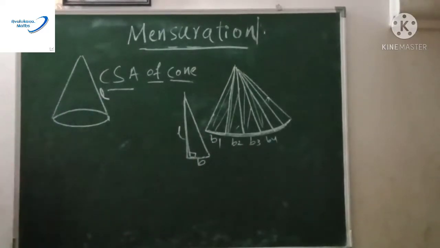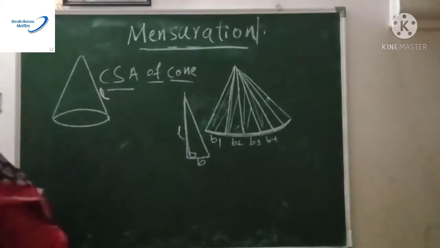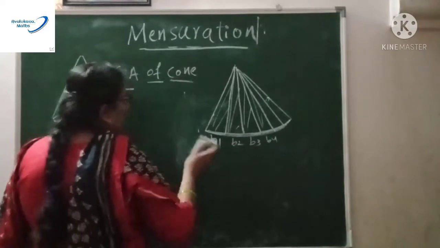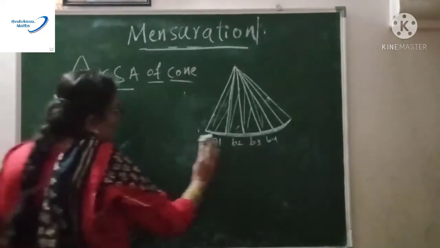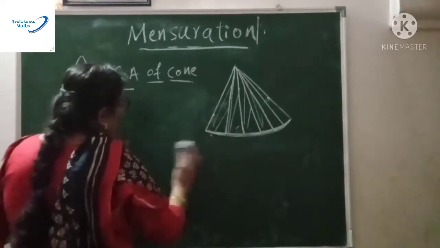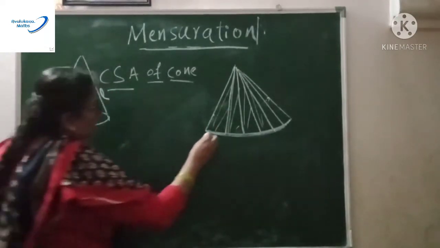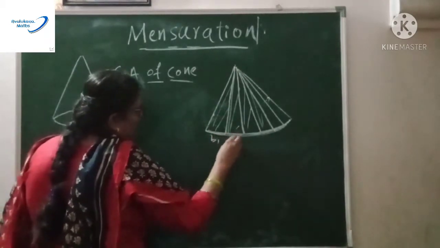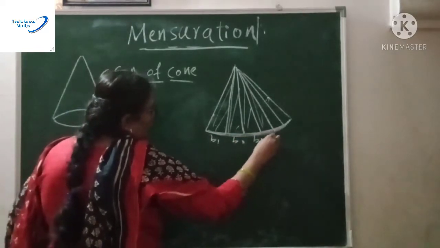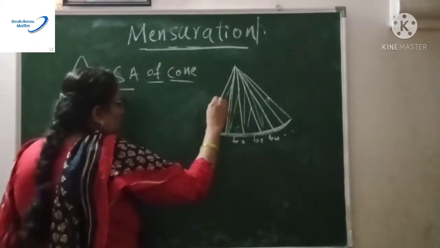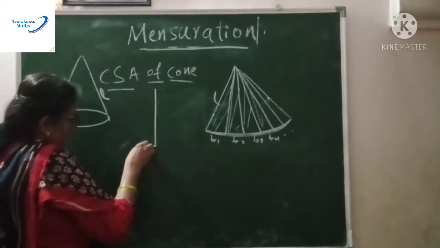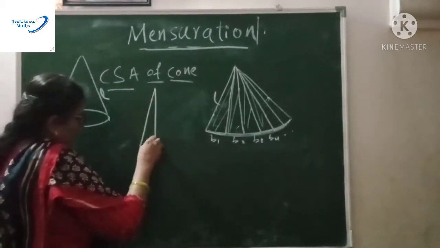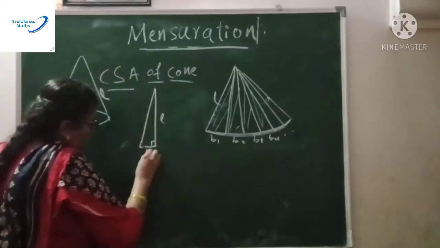Next, finding the areas of all these triangles gives you the curved surface area of the cone. Suppose I consider B1, B2, B3, B4, and this is L, the height. The first triangle has height L and base B1.